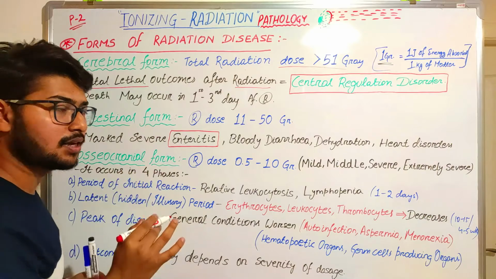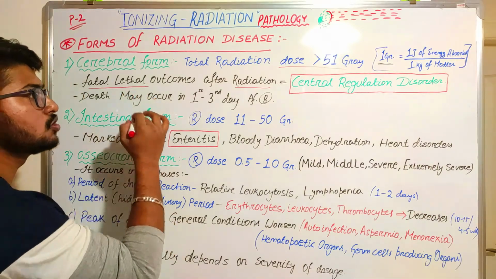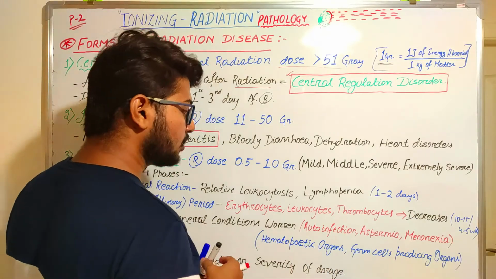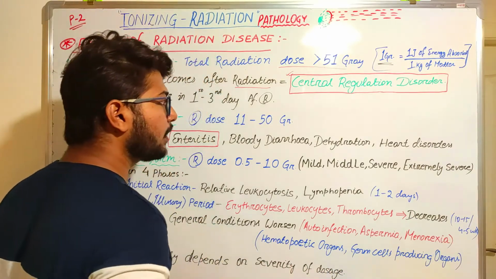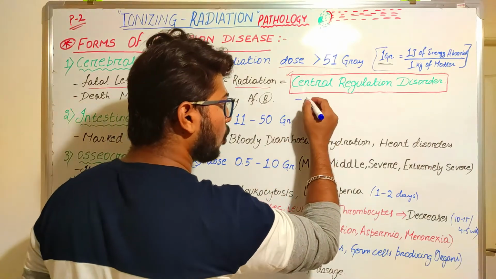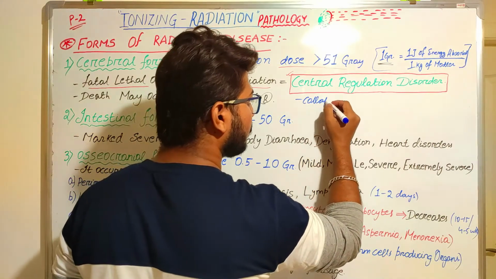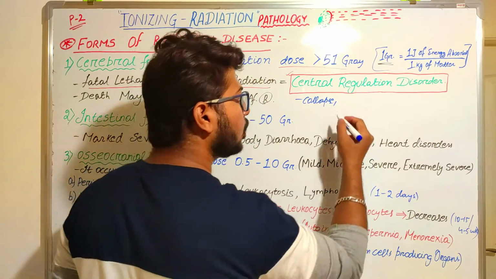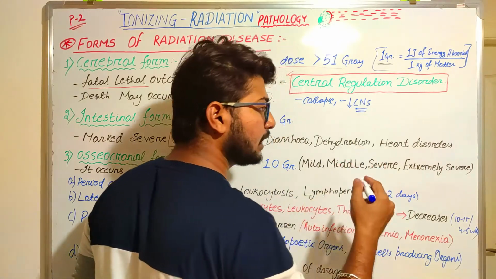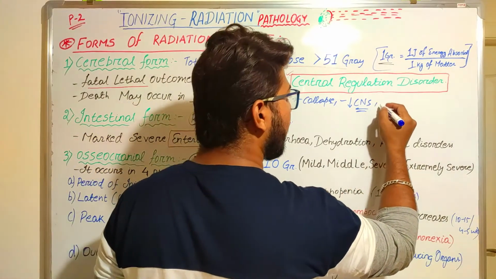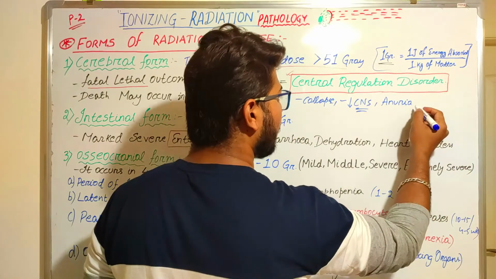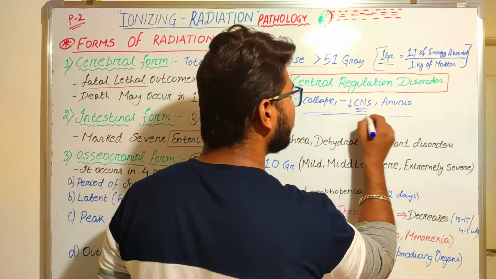Here the death is certain, and the death occurs through disorder of central regulation. There will be symptoms like collapse, the CNS will not function, meaning there will be loss of consciousness, and there will be anuria-like conditions.